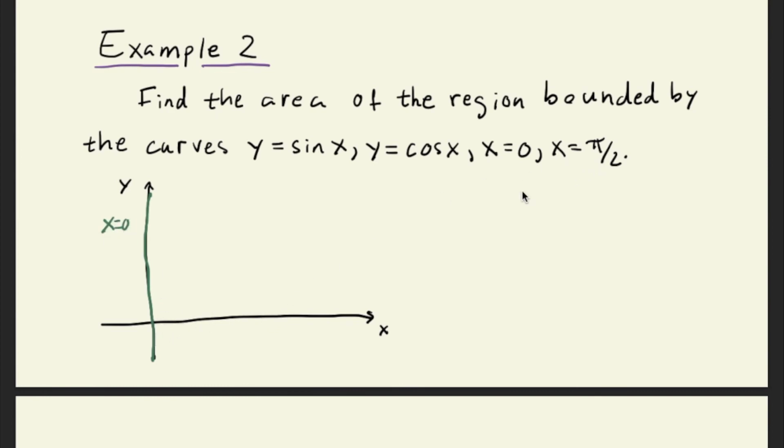And x equals pi over 2, let me draw it. Pi over 2 is right here. And if you want all the points that have x coordinate equal to pi over 2, you're going to get another vertical line right here. X equals pi over 2. So whatever region we're going to draw has to be between these two lines, right? So we know already that it's going to be bounded by these two lines. So we know that it has to be inside of this strip here.